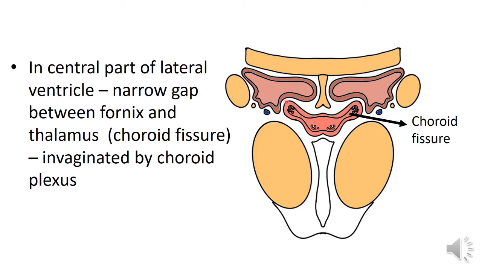In the central part of the lateral ventricle, the choroid plexus invaginates the narrow gap between the fornix and the thalamus, and it is this narrow gap between the fornix and thalamus which is called the choroid fissure.